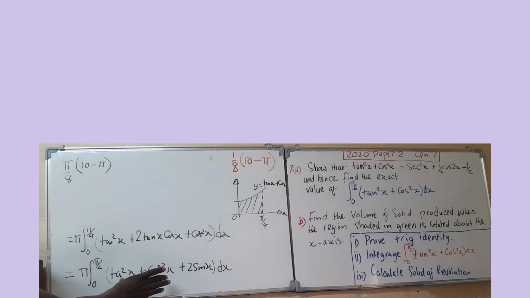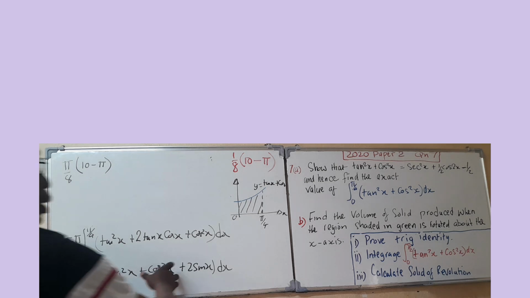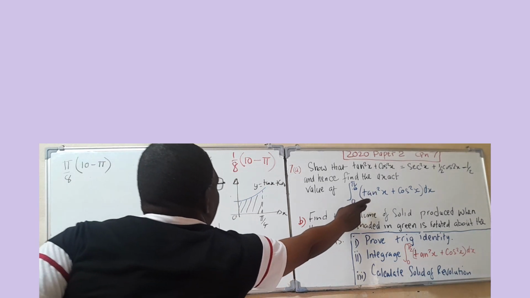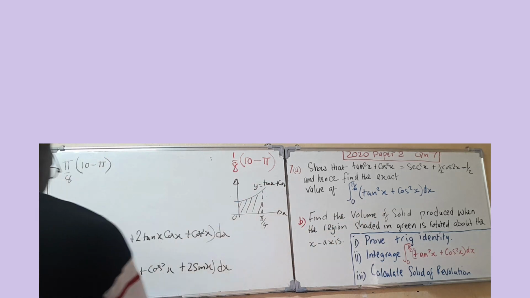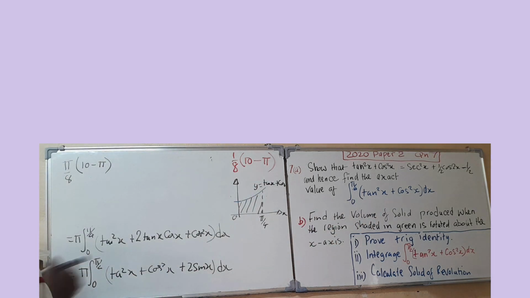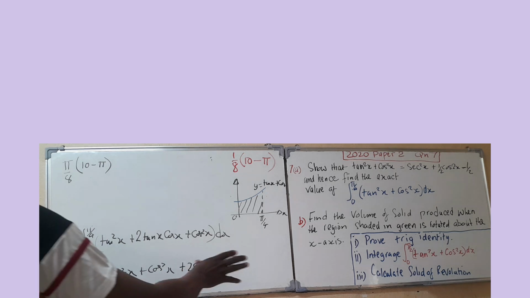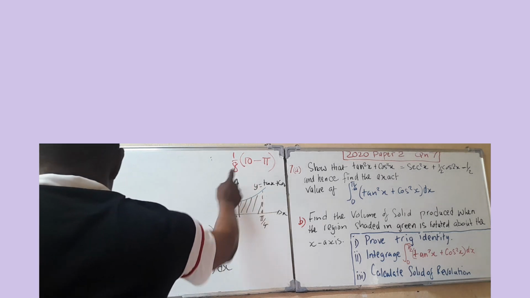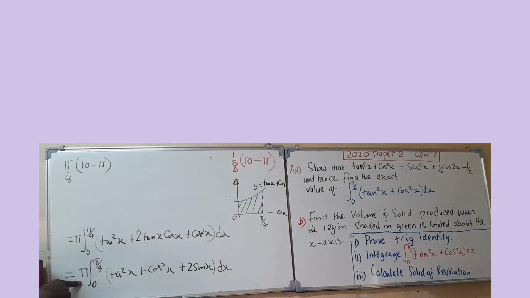We are saying this here is the same as that, which gave us that. It's the same limits from 0 up to pi over 4. So it just gives us that. The only difference is that this time we are multiplying it by pi. So that's why I've got it like that. So all we need to deal with is this.